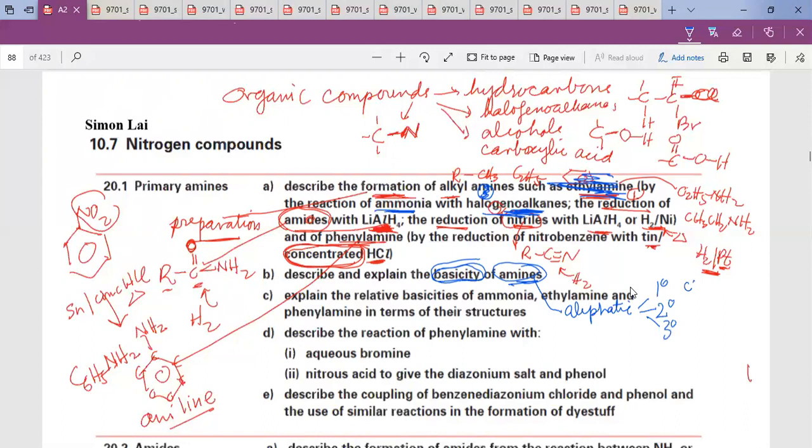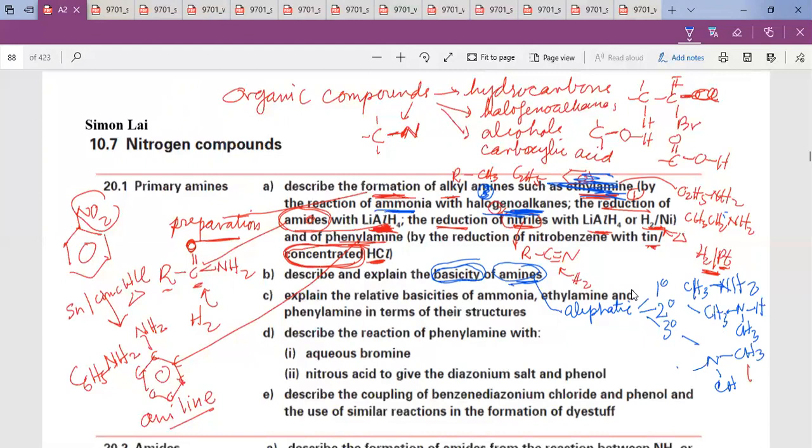For example, CH3 and NH2 is your primary. Secondary is CH3, N, H and CH3. Your tertiary is N with CH3 groups.